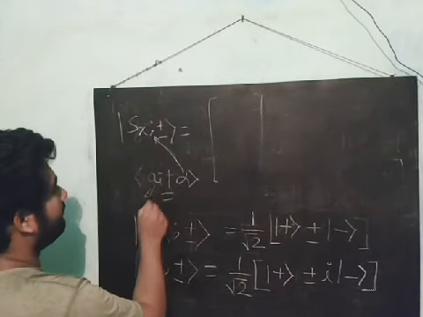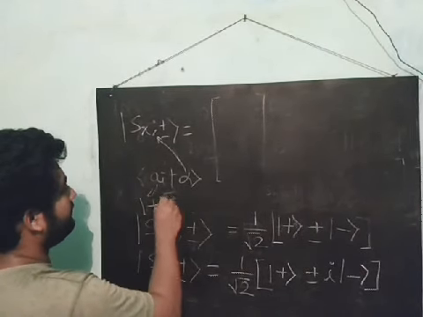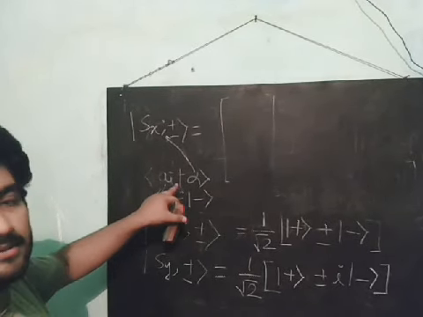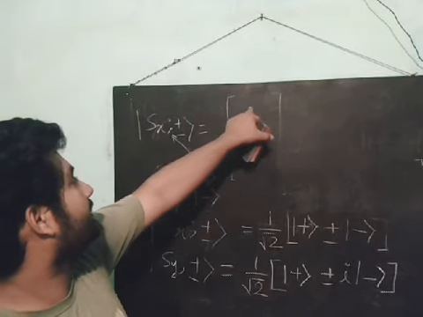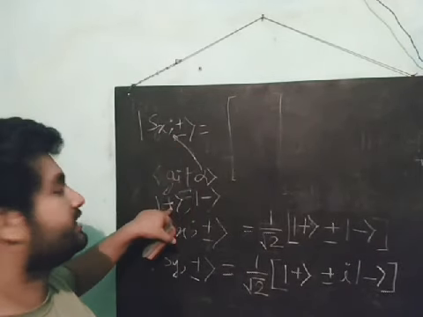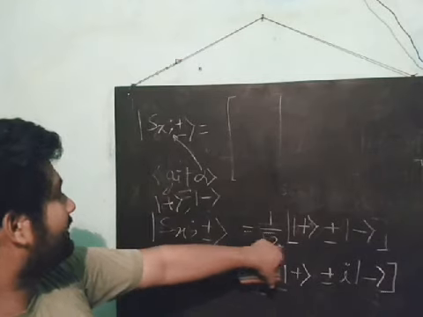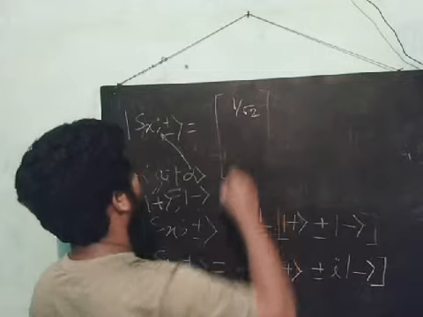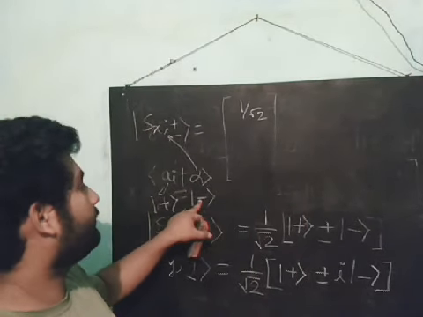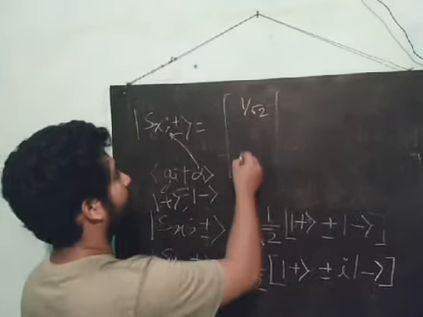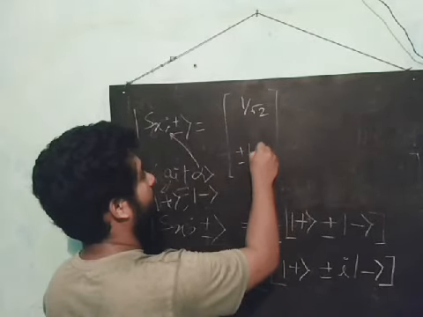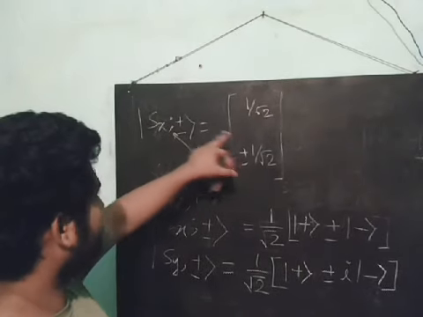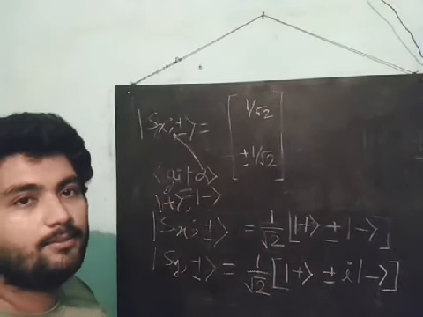And these are positive and negative are Ai. So for the first term I scalar product positive with this thing, I get 1 by root 2. And second term I scalar product negative, so I get plus minus 1 by root 2. So this was the matrix for Sx plus minus.